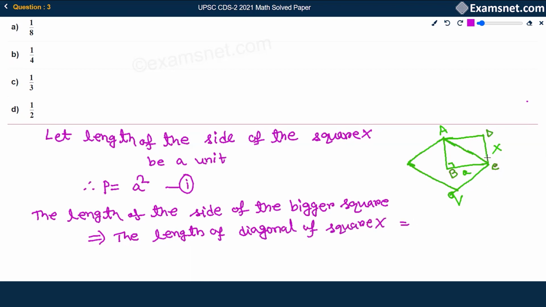I have already told you how to find the diagonal, that is root 2a. So here root 2a unit.